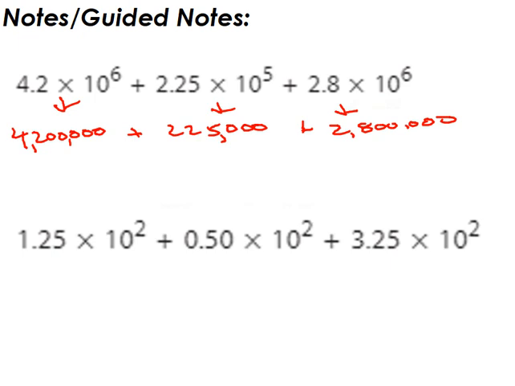However, let's show you a shortcut so you don't have to go into standard notation. I could do 4,200,000 plus 225,000 plus 2,800,000, add them all up, and go back to scientific notation. That would work. But what else I could do is take this shortcut.